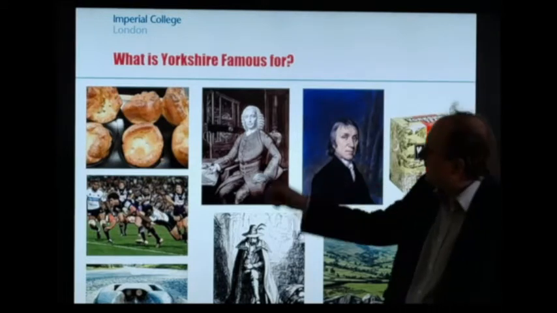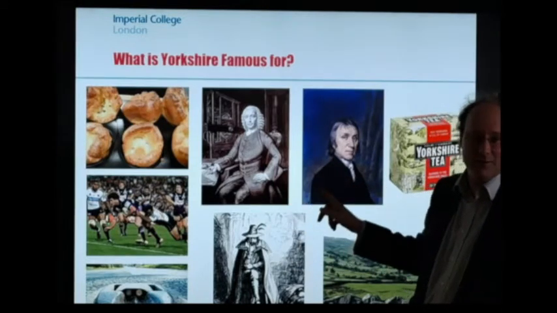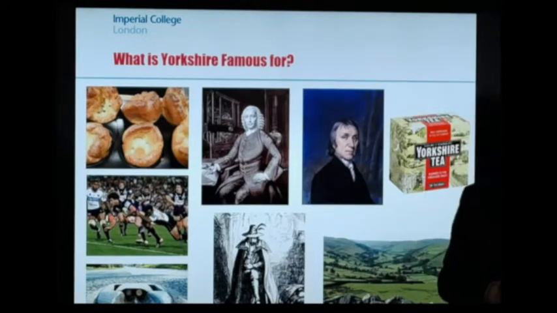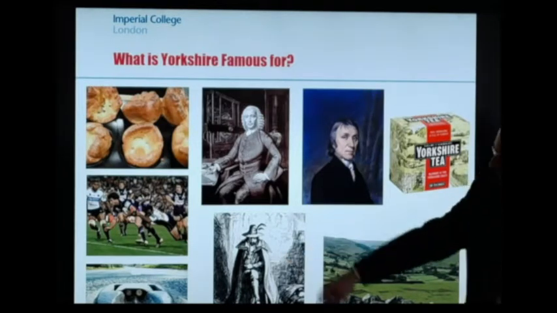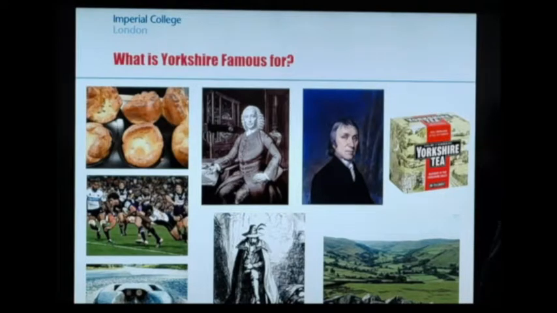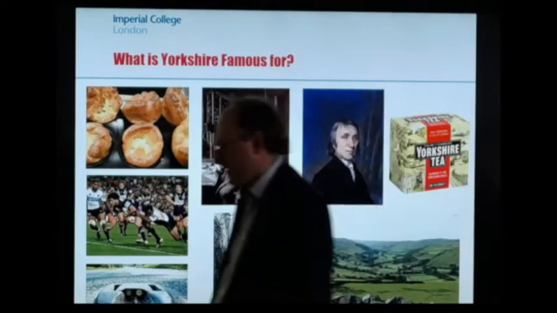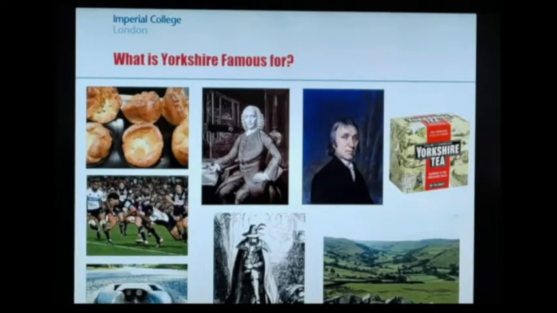Do you recognise who these three characters are? This one might be the easiest. Something that happens in November. Guy Fawkes. So Guy Fawkes was a Yorkshireman, and I guess if you wrote down his profession, it would have been traitor.